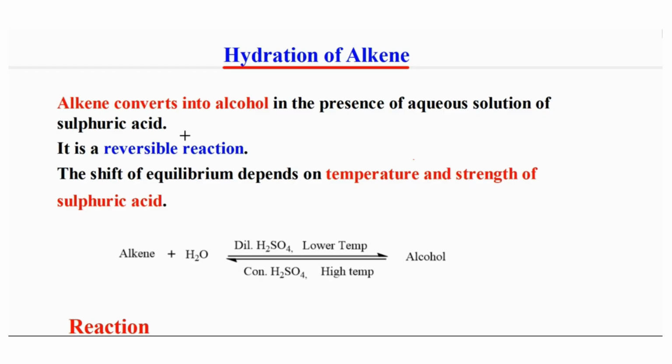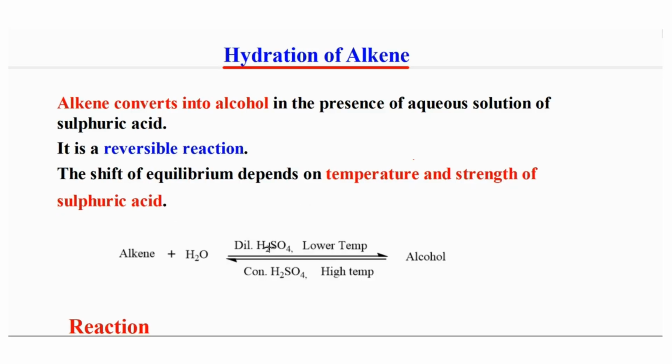Now here the hydration of alkene is one method. So convert alkene to alcohol. In the presence of acids, either we can use sulfuric acid or phosphoric acid.